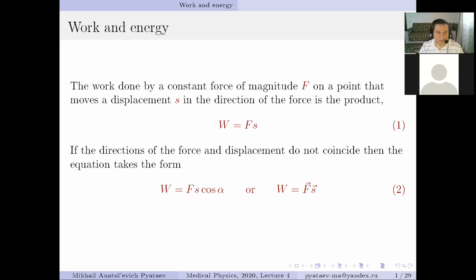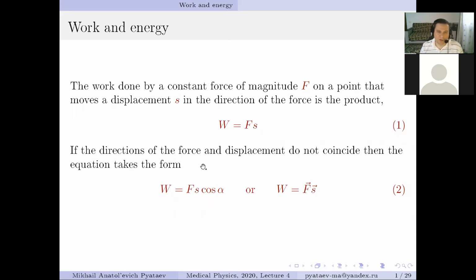And in mechanics we should start with the value which is called work done by force. So if the force and displacement of a material object have the same direction, then the work is defined as a product. W, work, is a product of force F and displacement S.